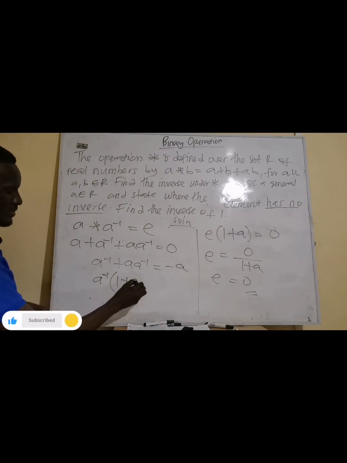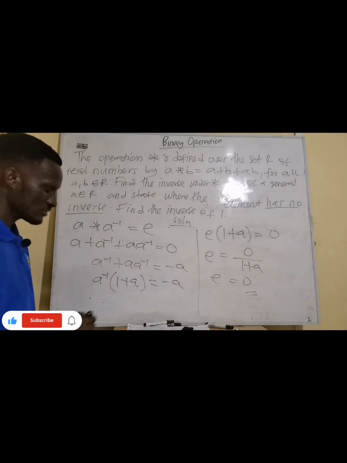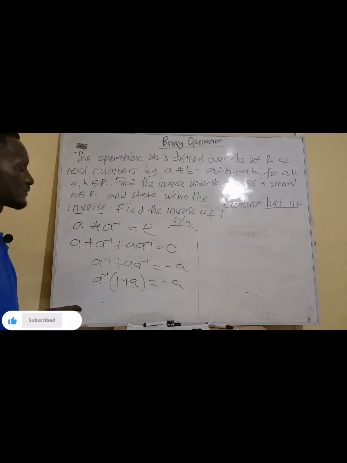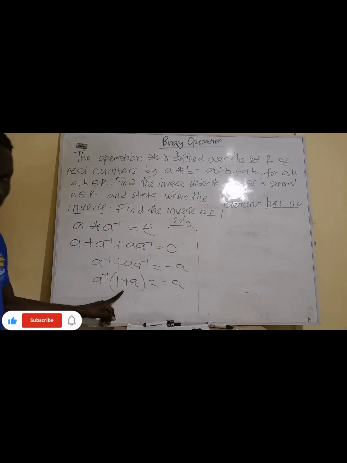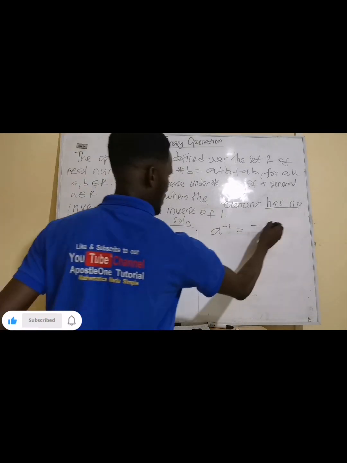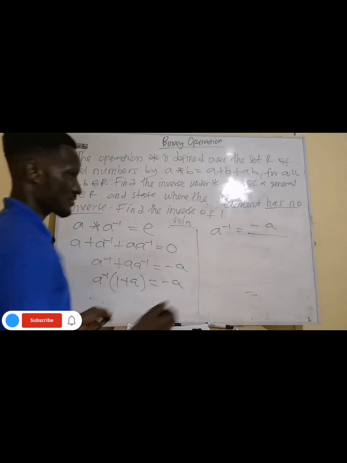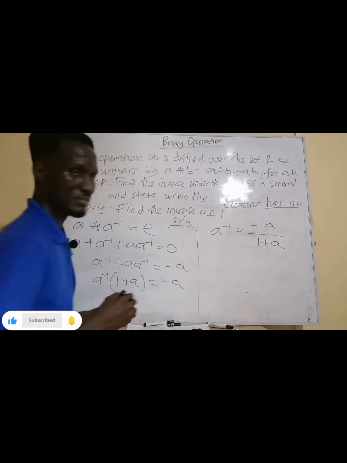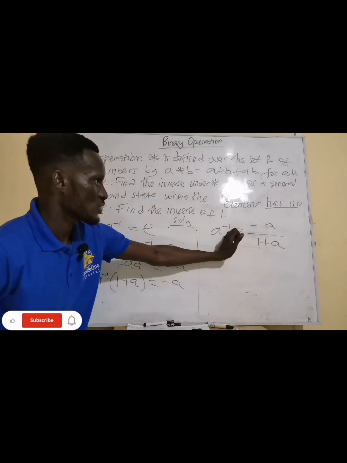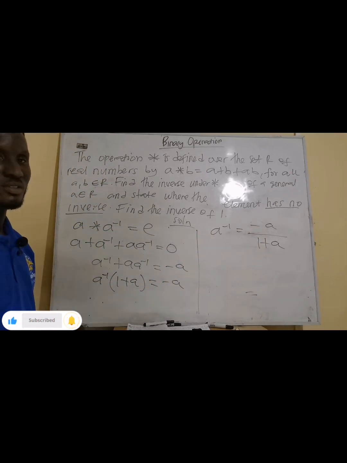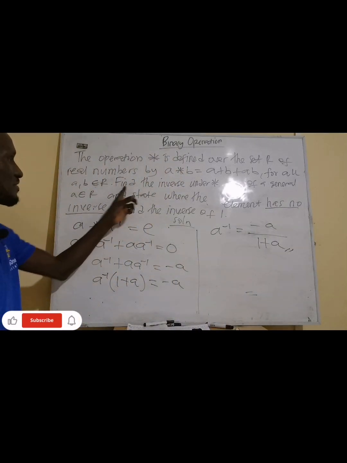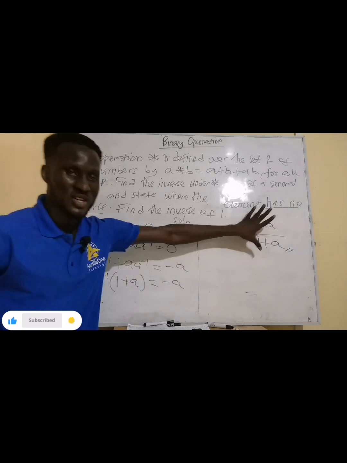So here will be 1 + A, and this equals minus A. Divide both sides by 1 + A. So A inverse will be equal to minus A divided by 1 + A. So this is the inverse of A. We are done with the inverse of A. Find the inverse under the operation: the inverse under the operation is this one.